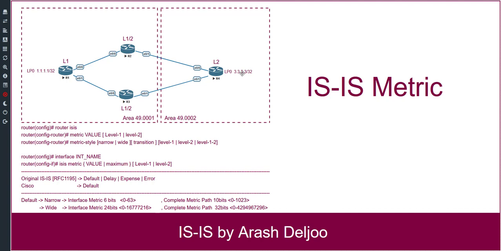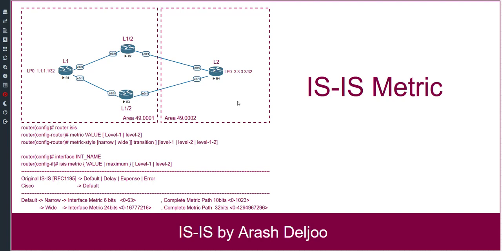But if you configure loopback 0 with the ip router isis command, we again have the isis metric command and a metric value of 10, and this means that for reaching the 3.3.3.3/32, we need to pass through the 3 links, and we have the metric of 30.